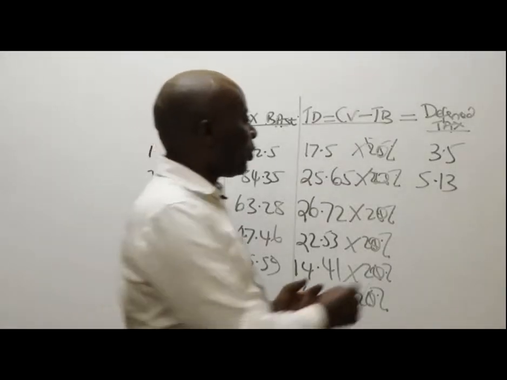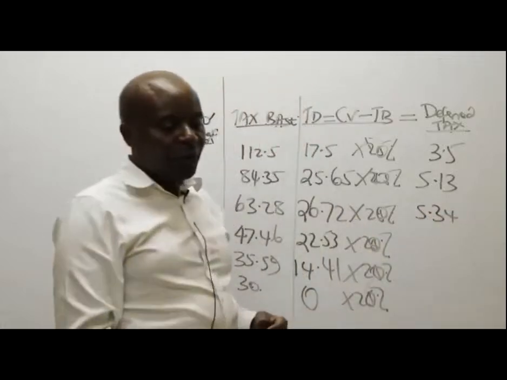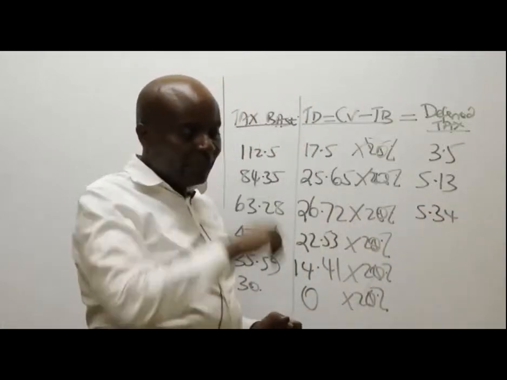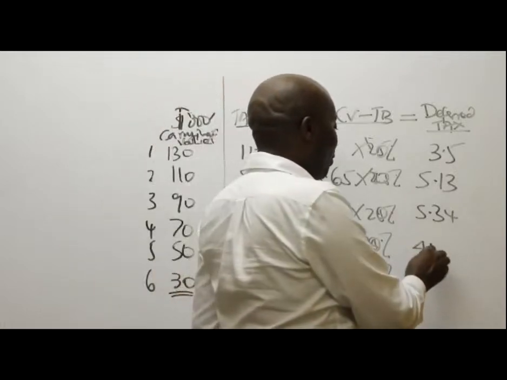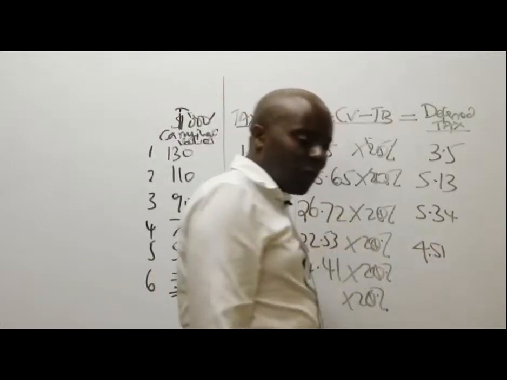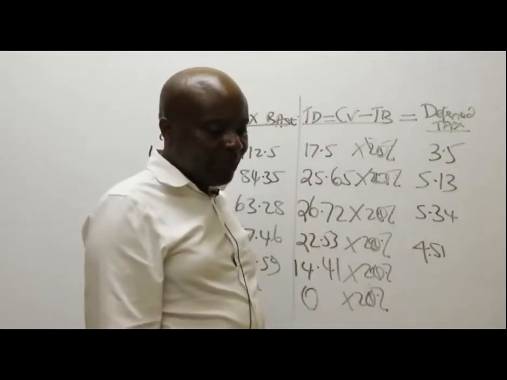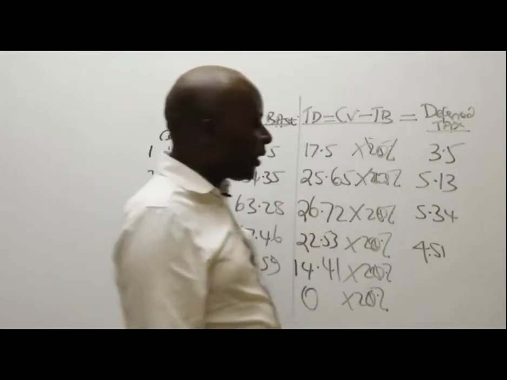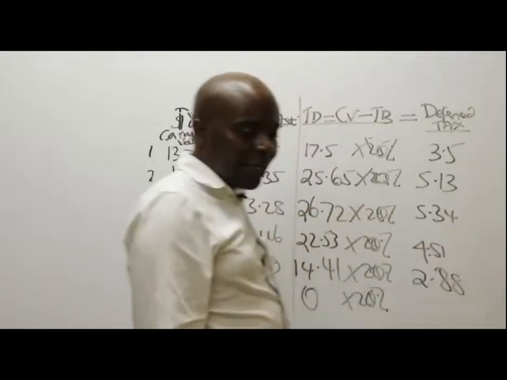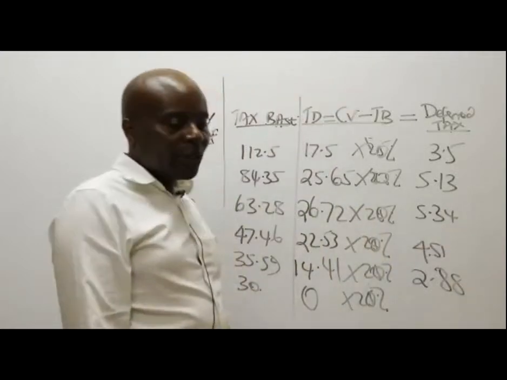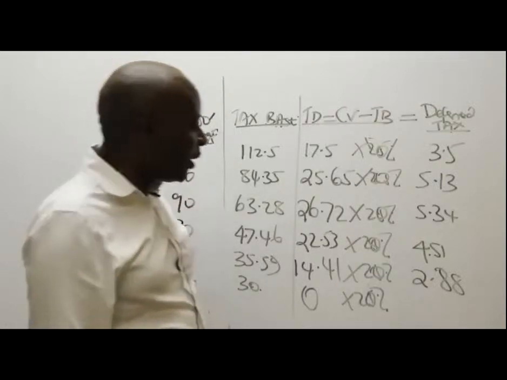The next one is 5.34. Thank you very much. The next one takuja ngapi? 4.51. Jabir 2.88 ama 2.9. Thank you so much. The last one inakuja ngapi? The last one inakuja 0.